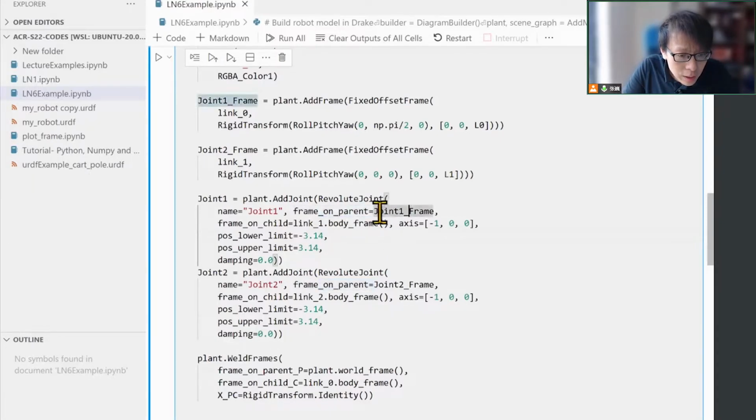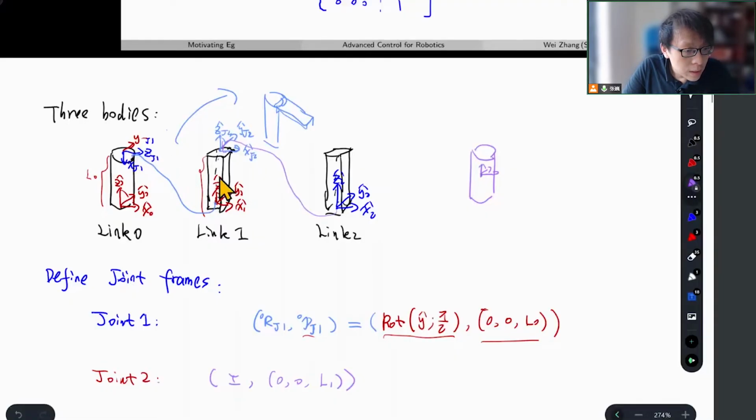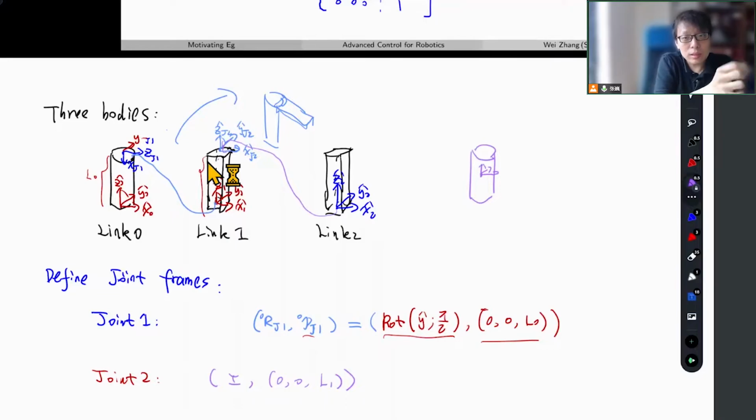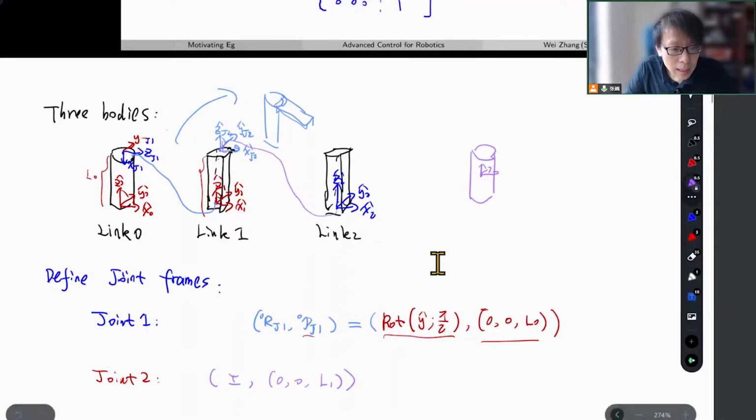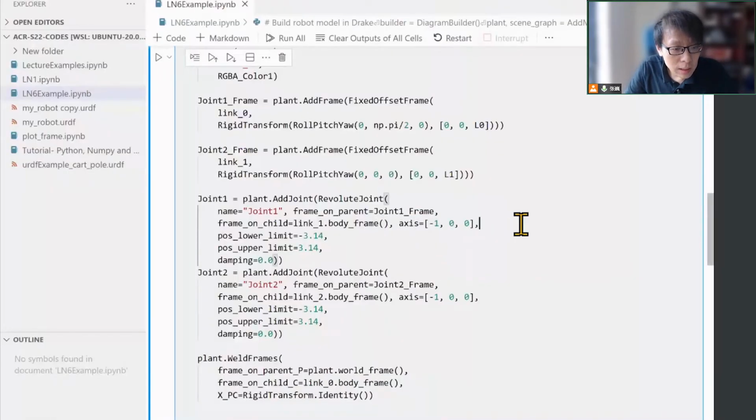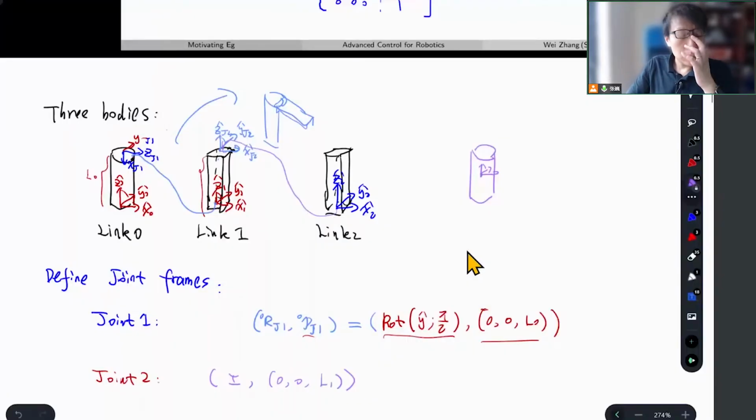In this case, my parent frame is the joint 1 frame here, and for my child frame I directly use the body frame of link 1. I make them the same. So it's almost like moving that box here and attaching it to that, okay? Then I need to specify the rotation axis.